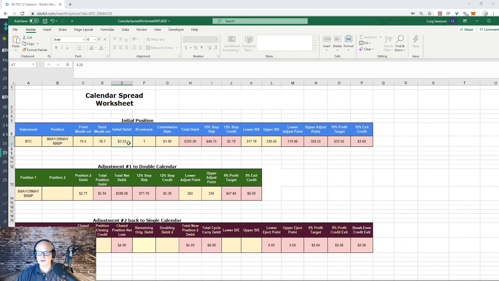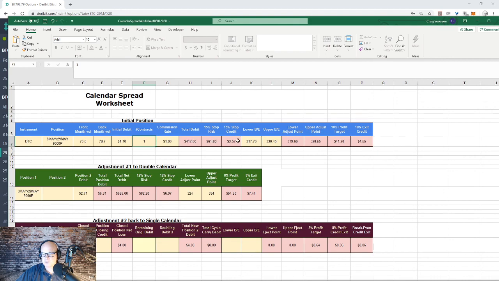So the initial debit, let's just call this 410. One contract. So let's just say that there's a $1 commission. So $412. So our stop risk, let's see.